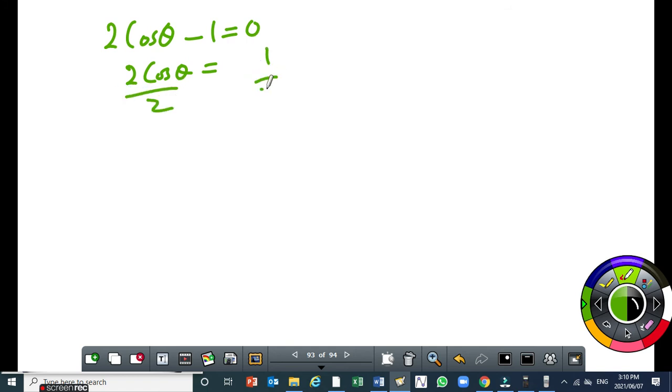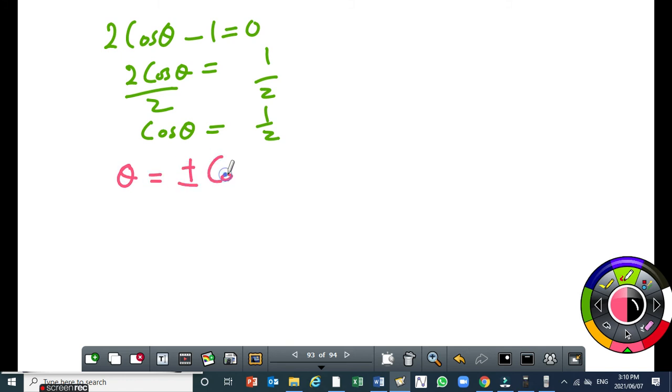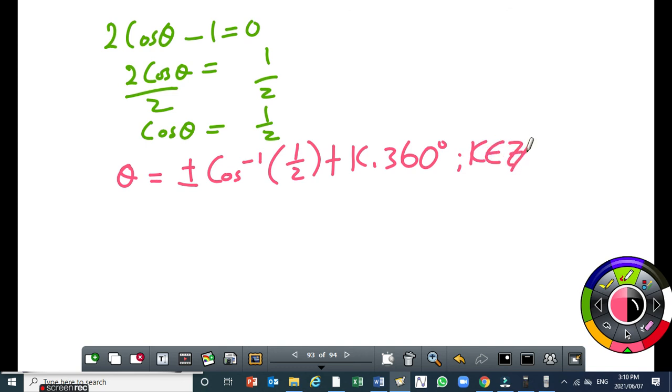Then you divide both sides by 2, you will get cos theta equal to a half, which can easily be simplified to theta equal to plus or minus shift cosine of a half plus k times 360 degrees, where k is an integer.